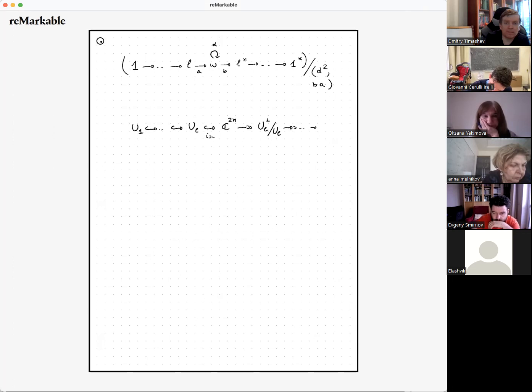So this is isotropic. So the quiver must be this one.